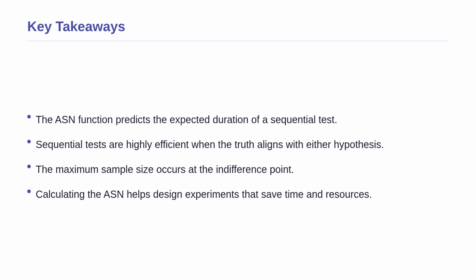Third, we must always be aware of the indifference point, where the test struggles to decide and the required sample size reaches its maximum peak. By understanding and calculating the ASN, statisticians and engineers can confidently design experiments that save valuable time, money, and resources without sacrificing accuracy. You now have a solid understanding of the average sample number function.